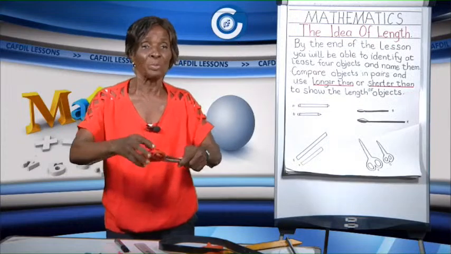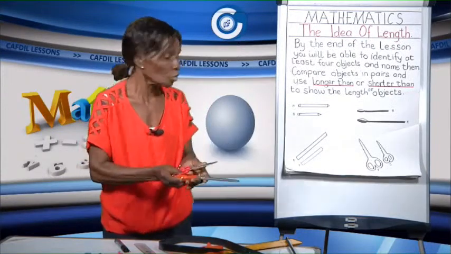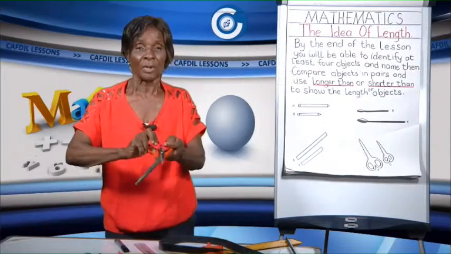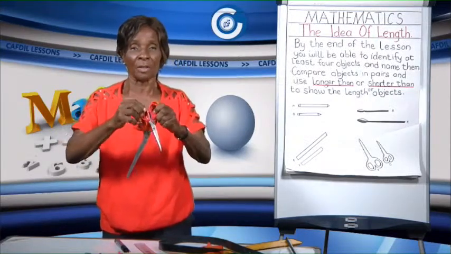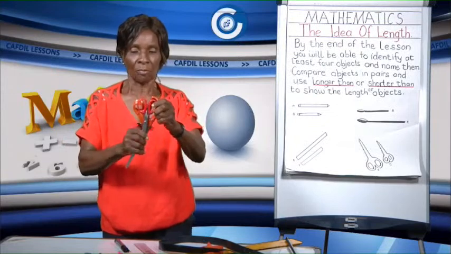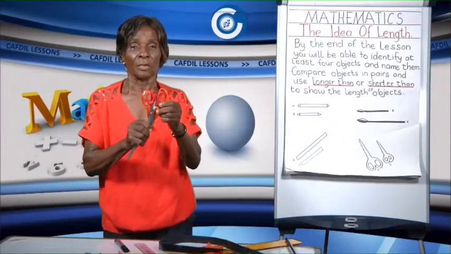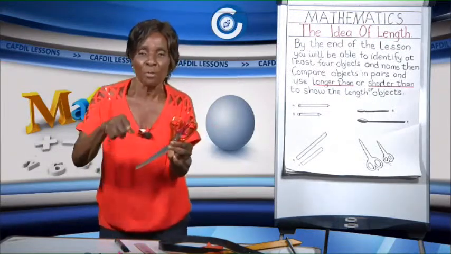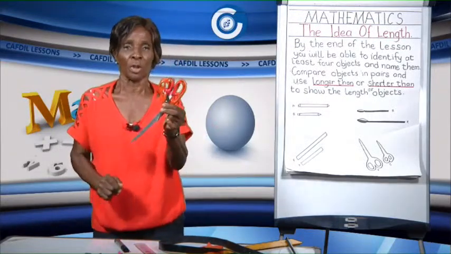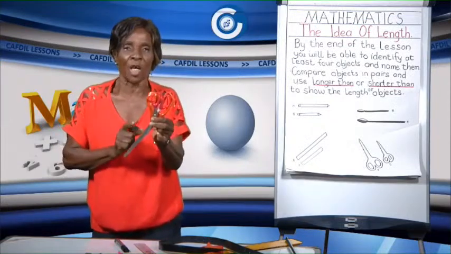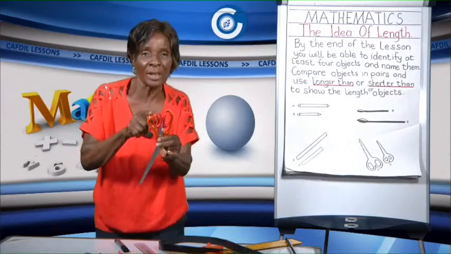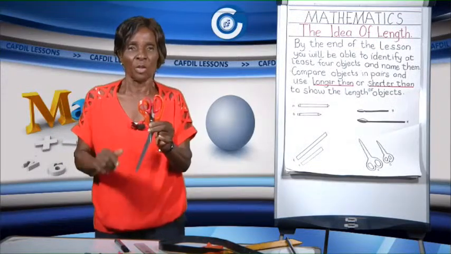It says we place them side by side. From the picture and from what you've done on your table, which pair of scissors is longer than the other? We have the orange and the red.